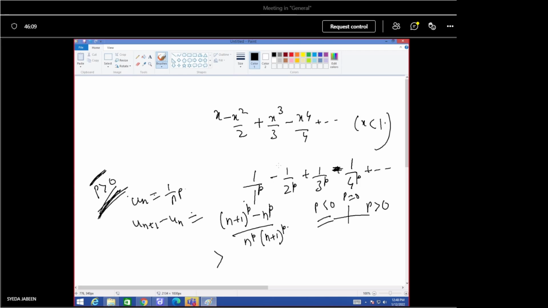Ma'am, it should be n to the power p minus n plus 1 to the power p in the numerator. See, un is this. un plus 1 is 1 by n plus 1 whole to the power p. So when you subtract it, then it is fine. There is no problem in this.